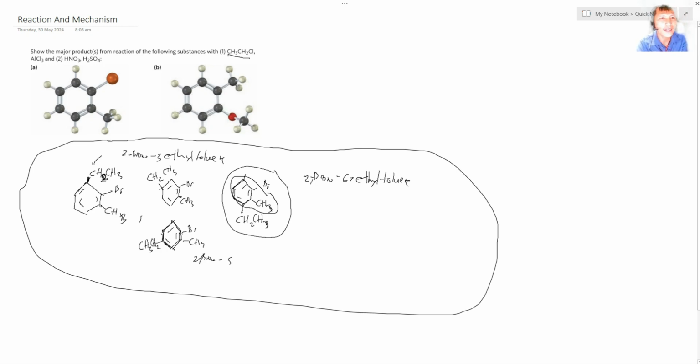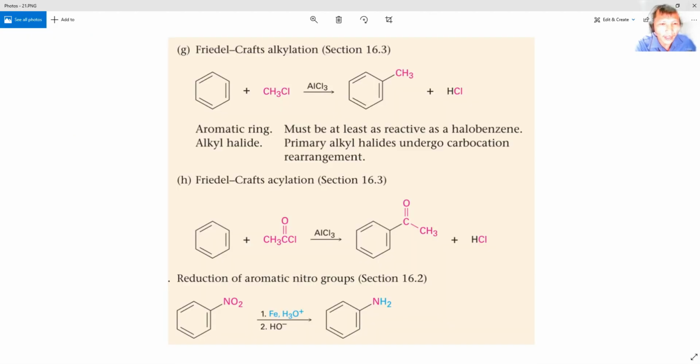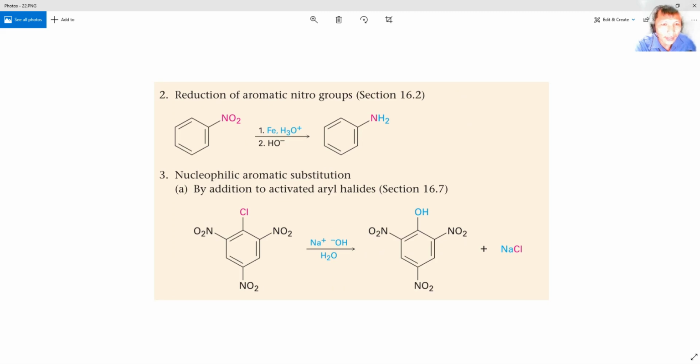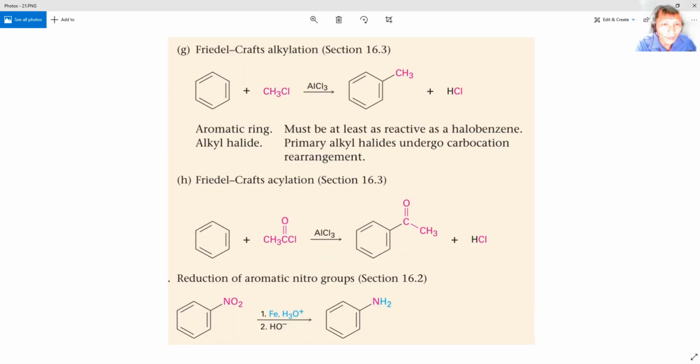How about the second one? Actually, for the first one, you have reactions with number 1 and number 2. You have nitric acid and, of course, sulfuric acid. If you look back at your cheat sheet, that is HNO3. You'll have to look for the HNO3 reactant, the nitration of an aromatic group.